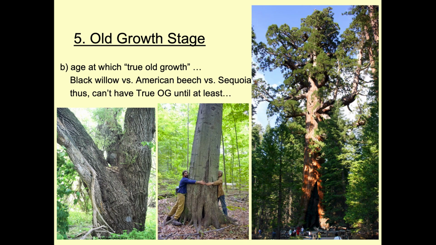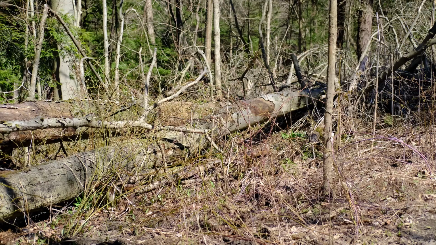Thus, you can't have a true old growth in a stand of black willow unless it's at least 100 years after the disturbance that initiated their stand, or 400 years later in a stand of beech, and at least 3,000 years in a stand of sequoia, right? So remember that this old growth terminology is highly dependent on the species that grow there.